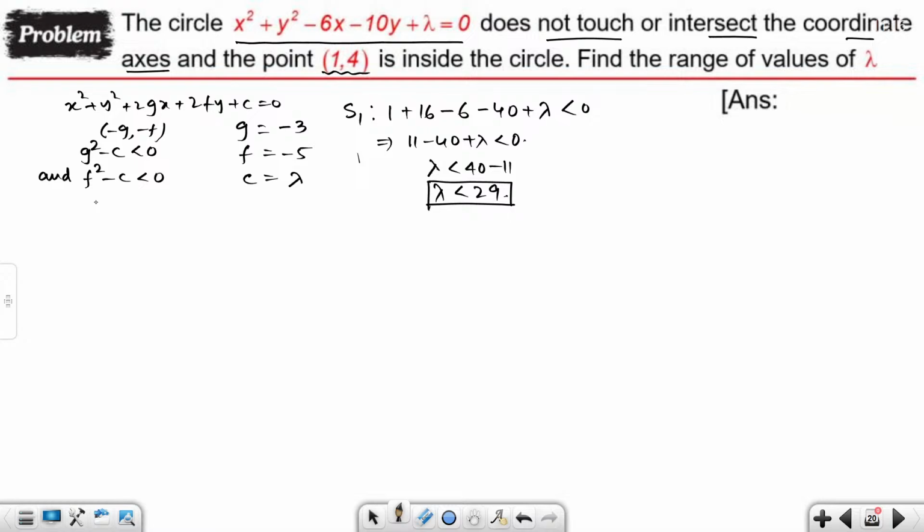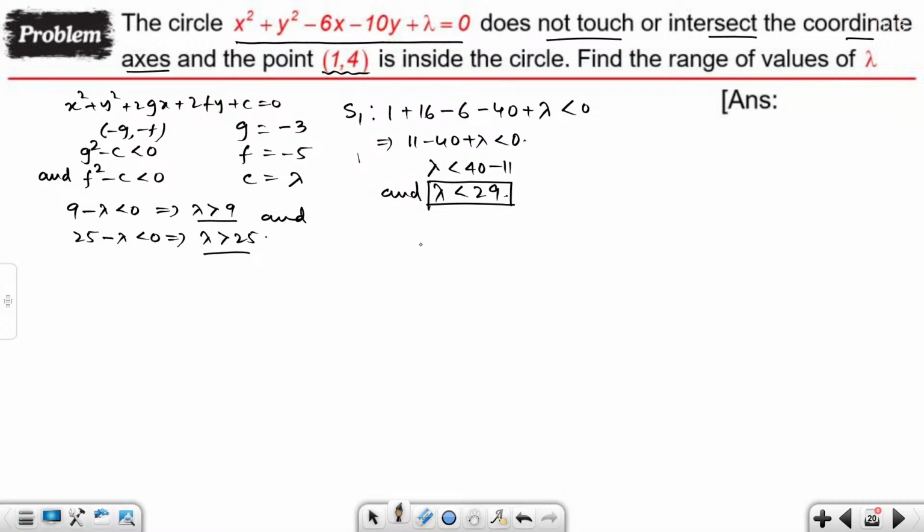So in this case, what are we getting? 9 minus lambda is less than 0, and from here we are getting lambda is greater than 9. And from the second one, we are getting 25 minus lambda is less than 0, which implies lambda is greater than 25. Okay? This and this, as well as this. So we have to find out the common region. Your lambda is greater than 9, lambda is greater than 25, and lambda is less than 29.